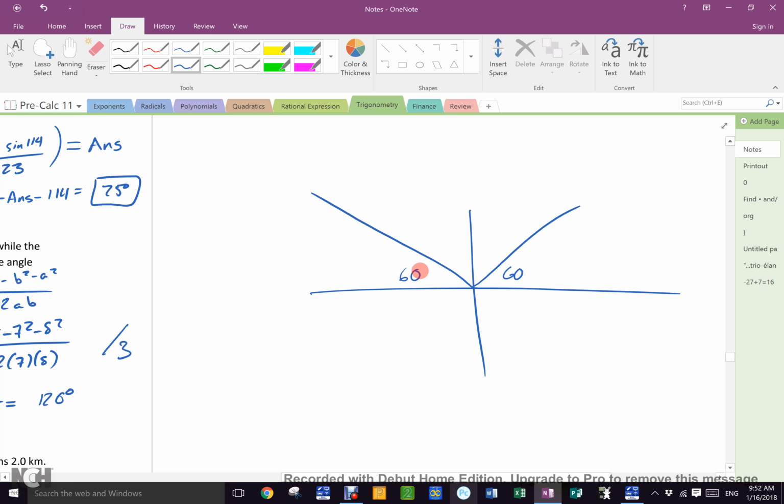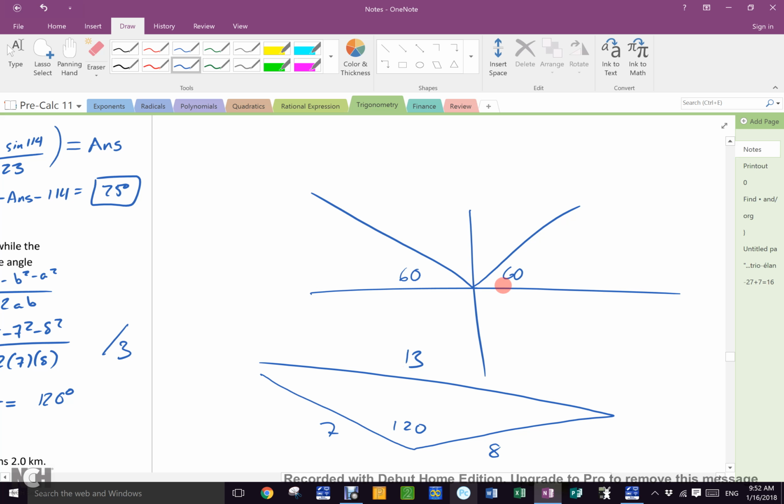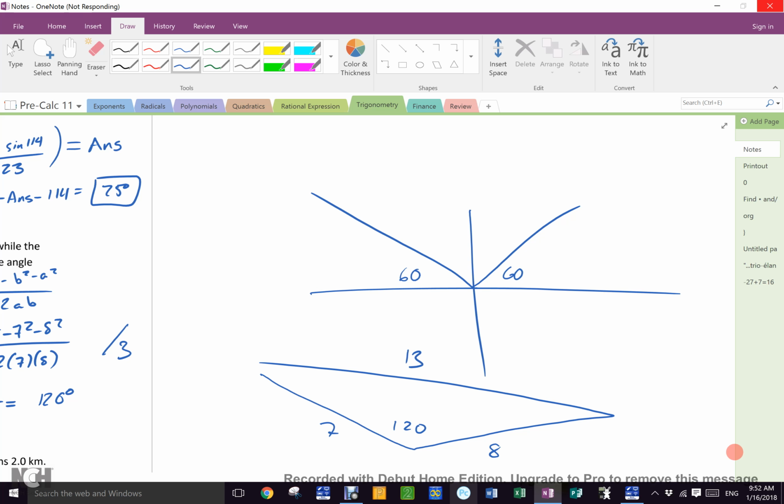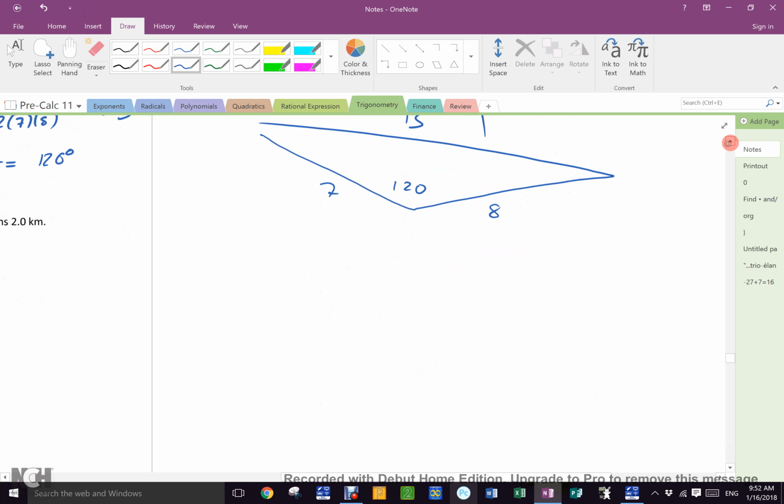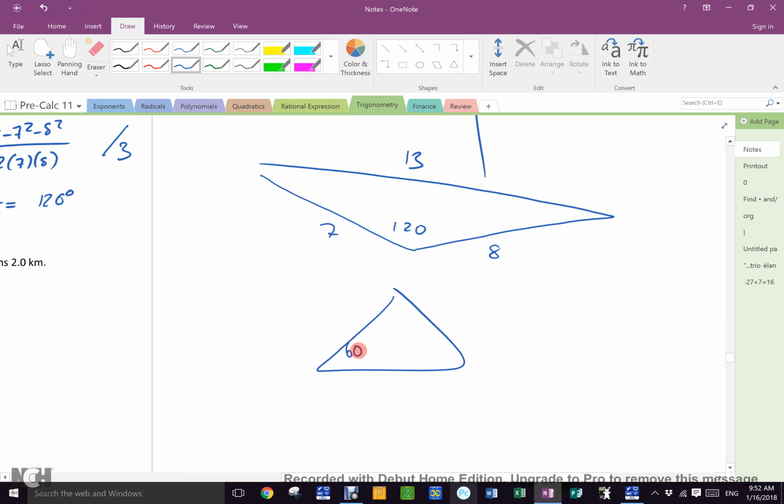If it's 120, it's one of these two triangles, right? 120, 7, 8, 13. Or it's this one with 60 there, 7, 8, right?